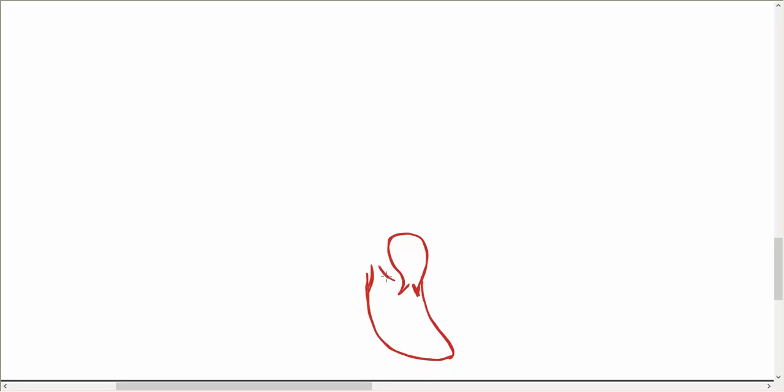Here we have the aortic valve, from where the blood goes to the aorta.